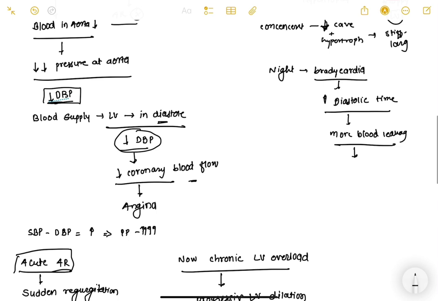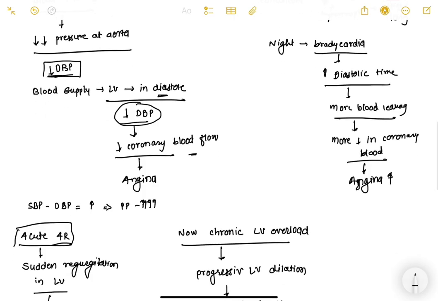So there will be more decrease in coronary blood flow, right? So the angina increases. This is called nocturnal angina, which is a characteristic feature of AR.